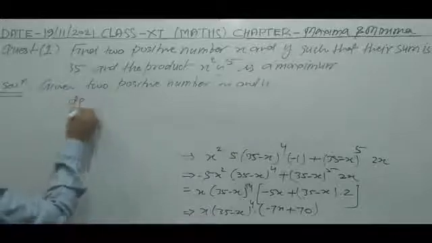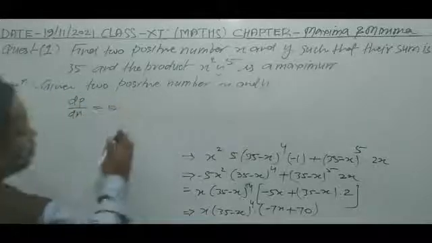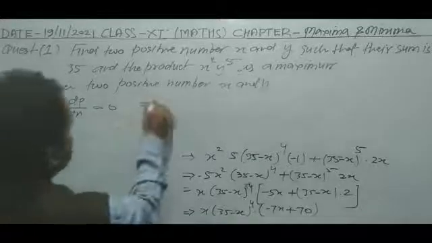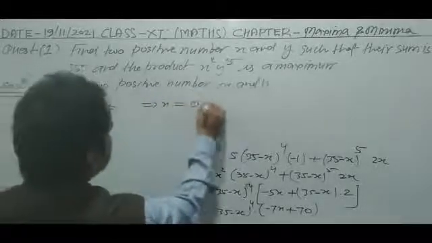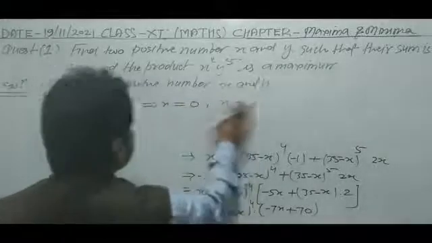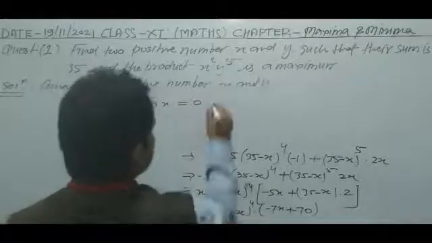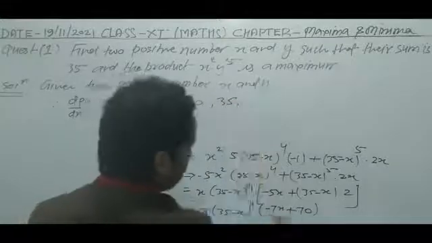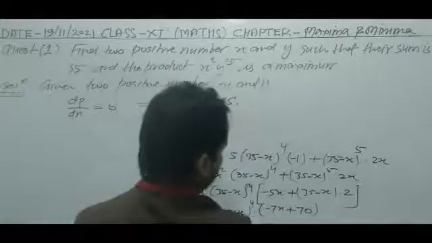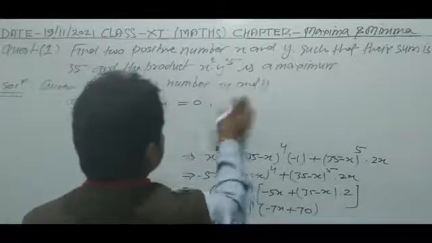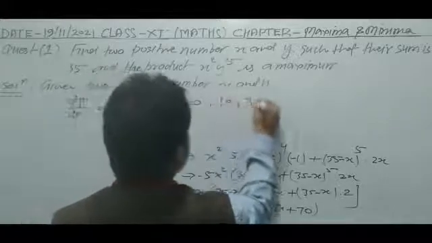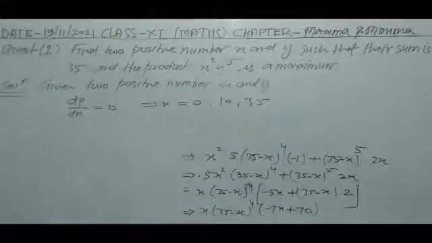Since dP by dx is 0, this implies x is equal to 0, x is equal to 35, and when you equate the last factor to 0, you get 10. So 0, 10 and 35.